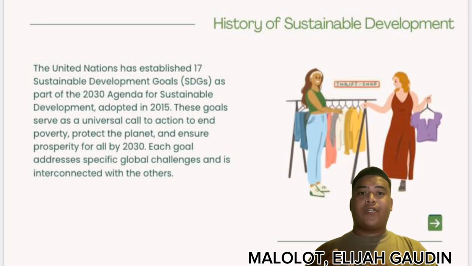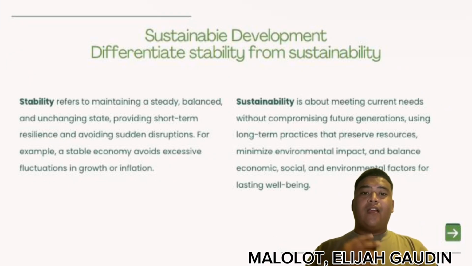Each goal focuses on specific challenges like improving health, education, and environmental protection, while recognizing that progress in one area often supports others. The SDGs encourage cooperation across countries, communities, and organizations to achieve lasting, positive change for people and the planet.